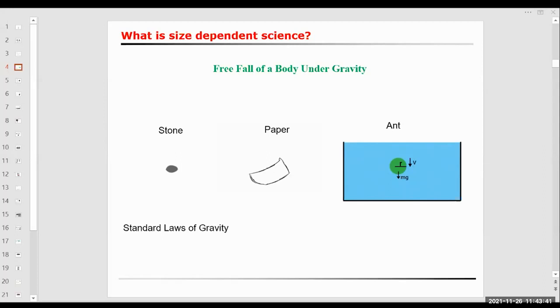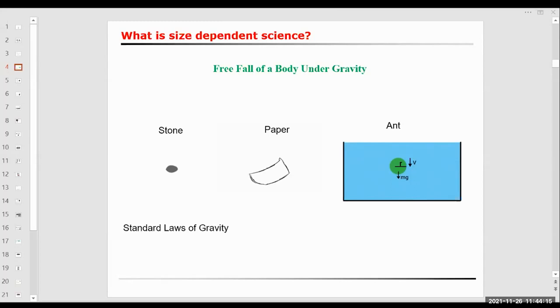The gravitation law that explains the fall of stone is no more applicable to explain the fall of a paper, because here you have to bring in buoyancy into the picture in order to explain the observation, which is the fall of paper under gravity. As the paper falls due to gravity, an upward force, that is buoyancy, acts on it due to its large surface area, which is owing to the reduced dimension in the thickness direction.